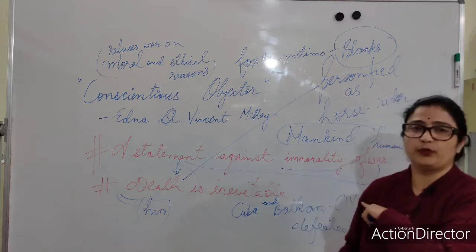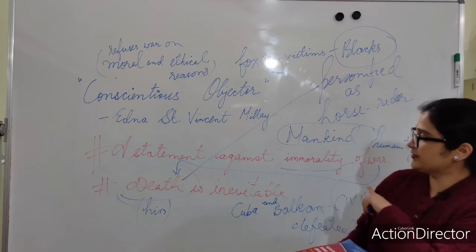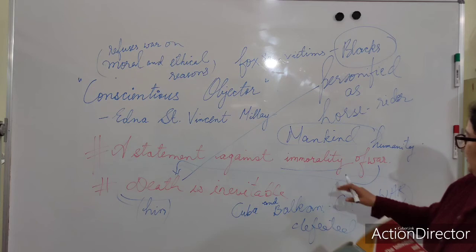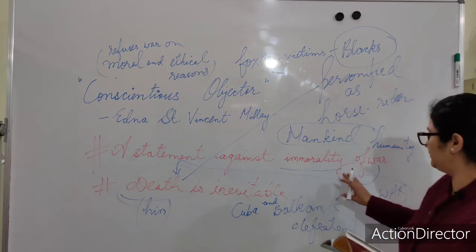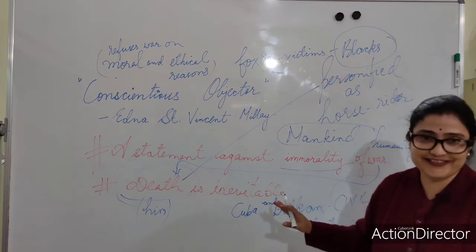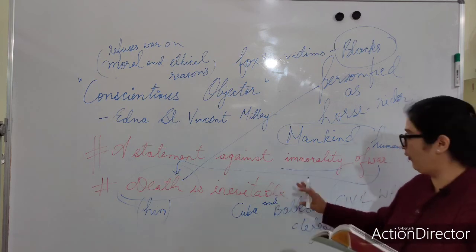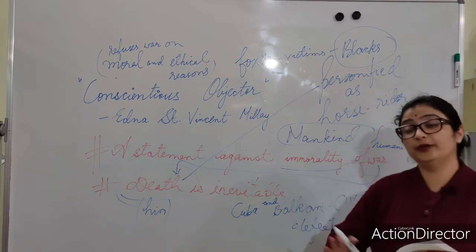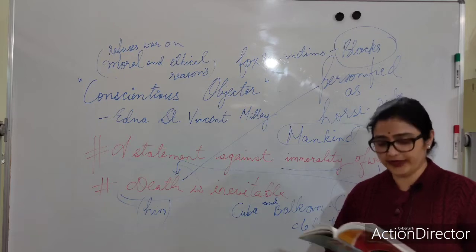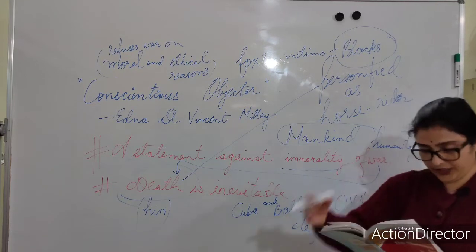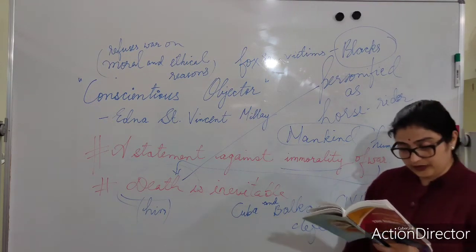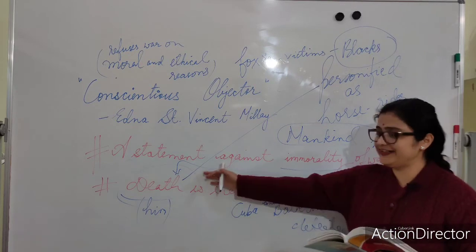Here also, this poet, Edna, is focusing on the immorality of war. There he is talking about the futility of war. Okay, so you can make a connection between the two. War as such facilitates death.